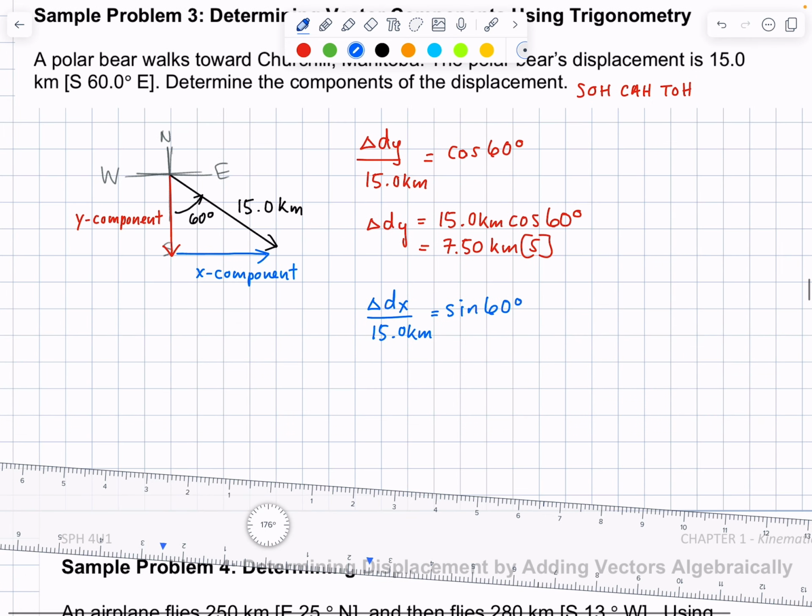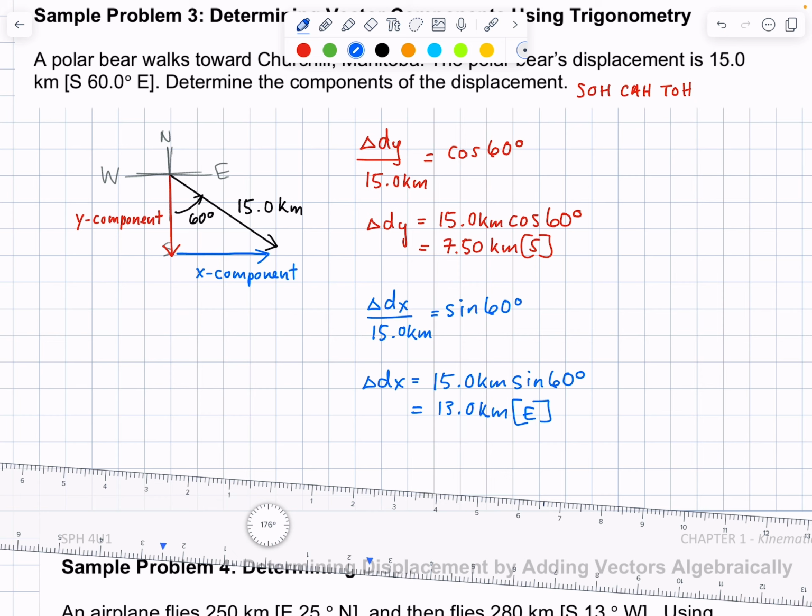If I rearrange this, delta dx is equal to 15 kilometers times the sine of 60 degrees. If we punch this into our calculator, we'll get, to 3 significant digits, 13.0 kilometers, and the direction this x component is pointing is east.